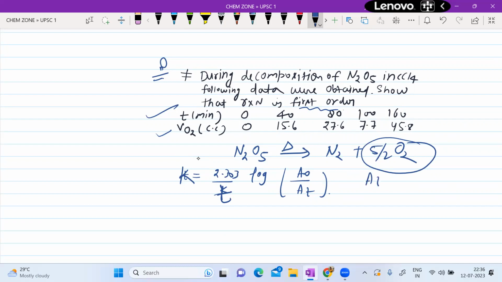We know that At is A naught minus x. I think there is something missing in the problem. Yes, infinite time is also given in this equation. So we need to consider the time required for completion.